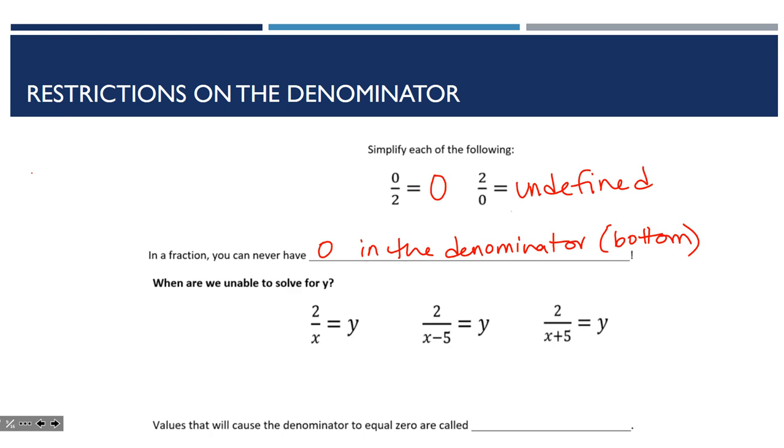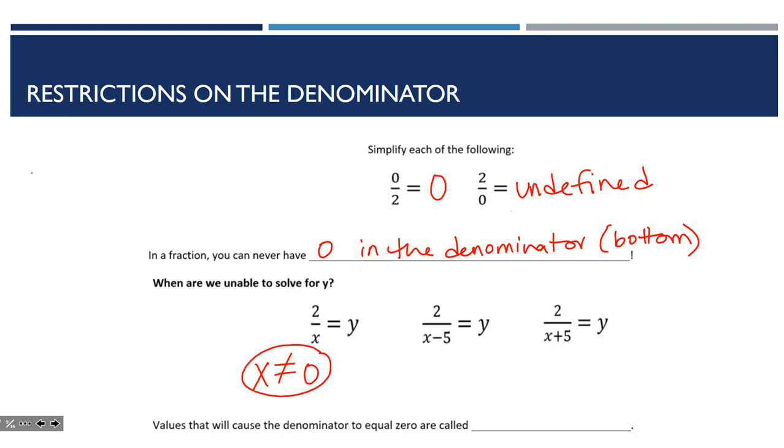But if x was 0, this whole thing would be 2 divided by 0. And we know that that's undefined, so that can't happen. So essentially, we're unable to solve for y when x is 0. So I'm going to write down that x is not equal to 0.